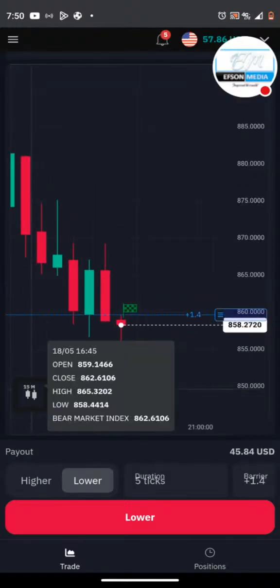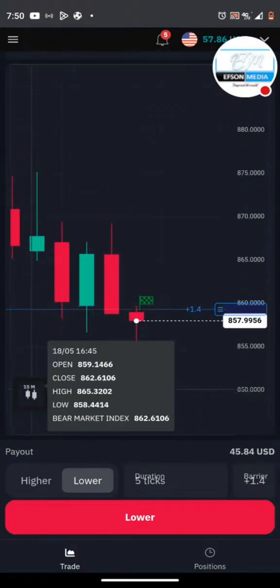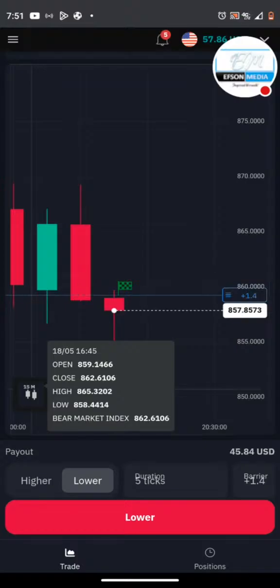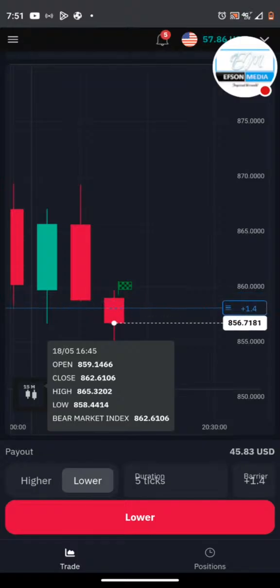You watch closely when the blue line hits a particular resistance, and the candles have also started to move in that direction that you want, then you enter. So I check the blue line and check whether it's hitting a resistance.